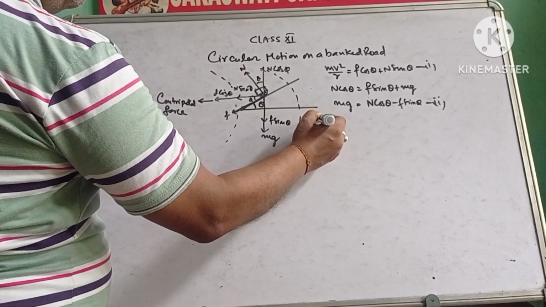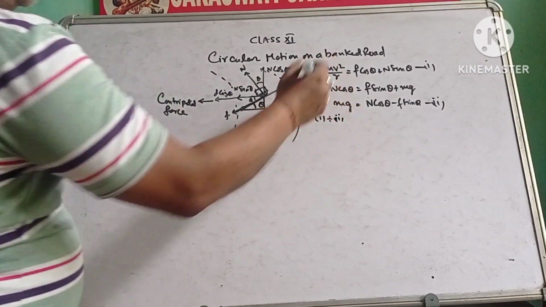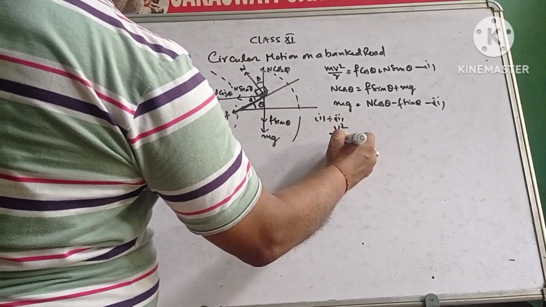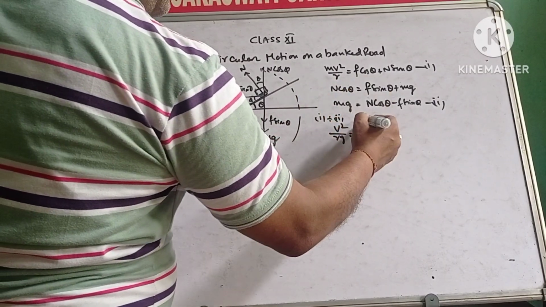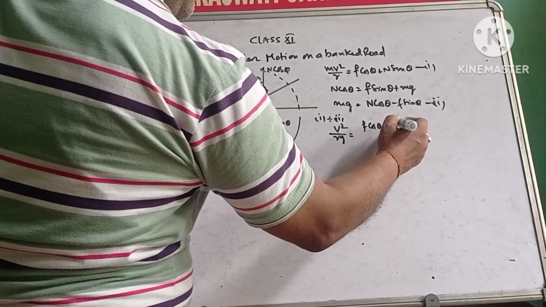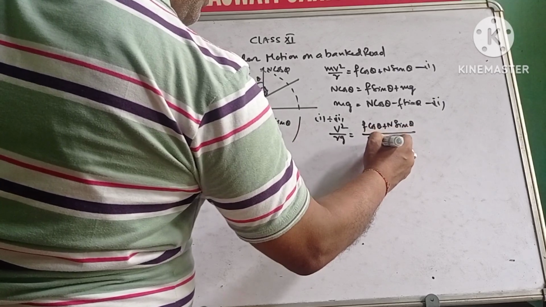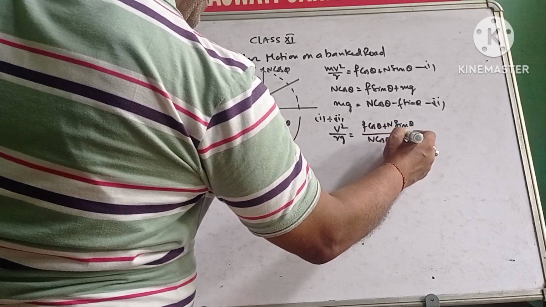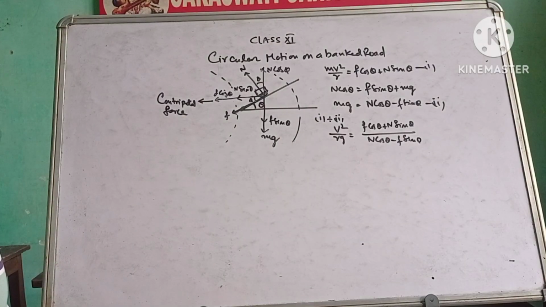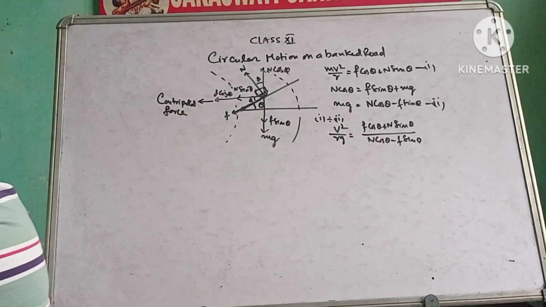Now 1 divided by 2, you are going to get v square by rg equal to F cos theta plus N sin theta by N cos theta minus F sin theta.